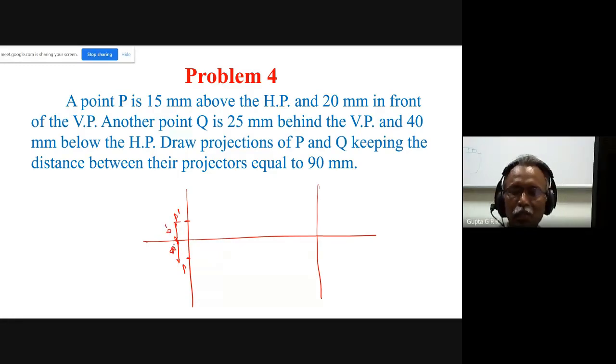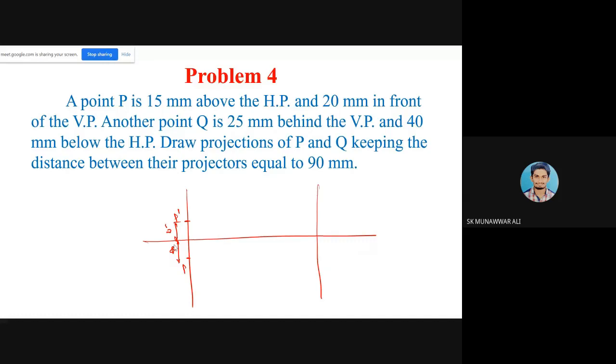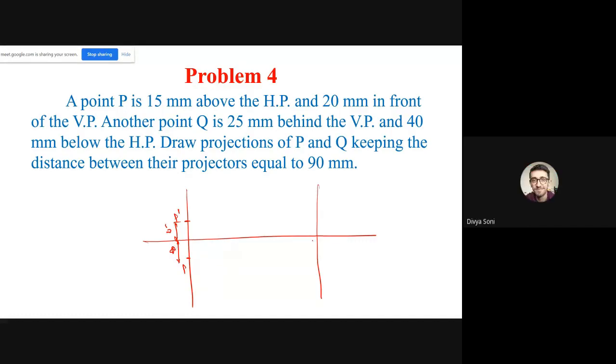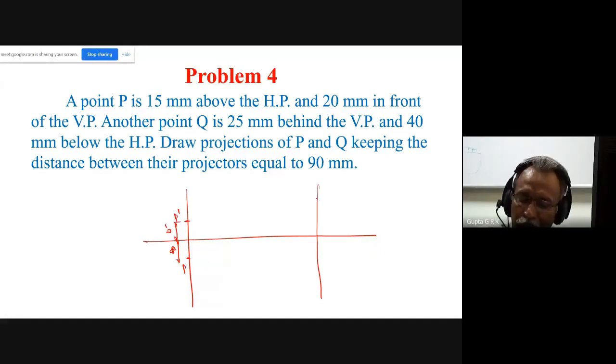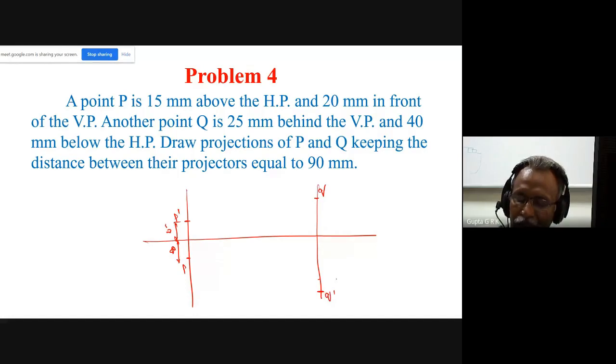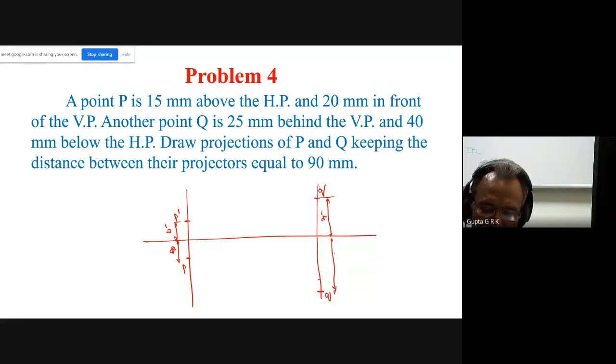Okay, and about Q, 25 behind, so Q is 25 above XY, and Q dash is 40 below XY. That is somewhere here, Q dash. So this is 25, this is 40, like that I have to draw.